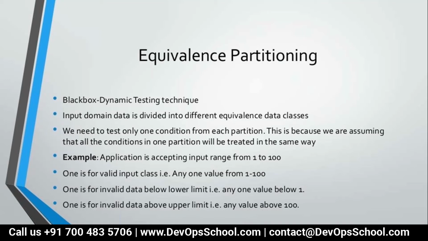For above 100, you have already written, but what is above 100 means, whether you are going to take 500 or 110, like that. But you should not take 101, because that we will use in BVA, boundary value analysis, right? I told you, exactly on the boundary, one less than the boundary, one greater than the boundary.